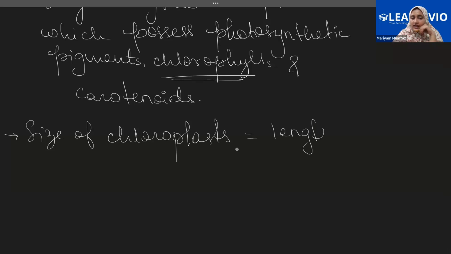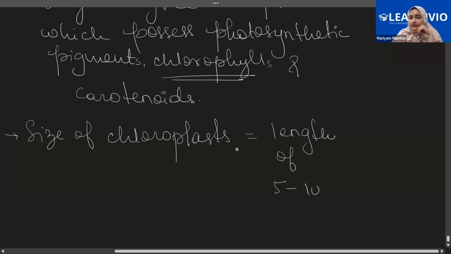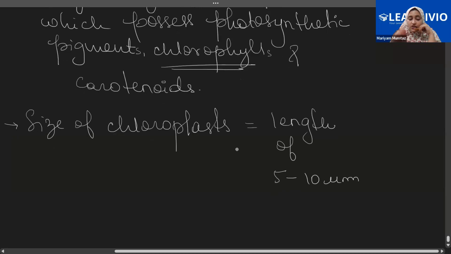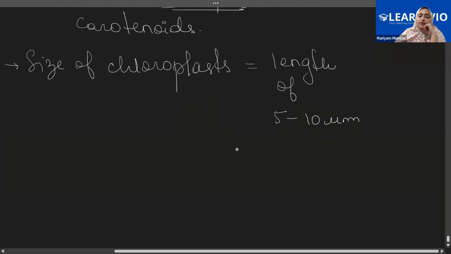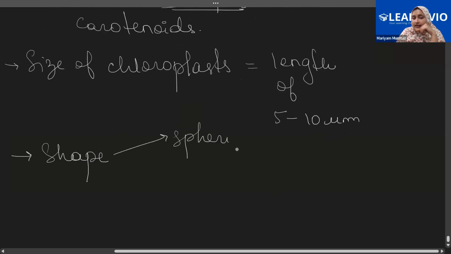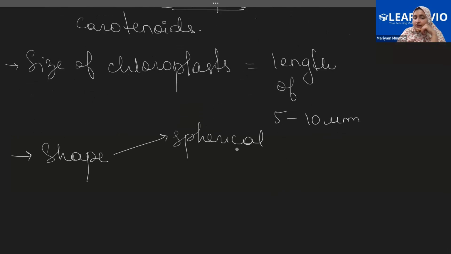Okay, now in terms of the size of the chloroplast, they have a length of about 5 to 10 micrometers. Now talking about the shape, the shape also is so variable. The shape of chloroplast is so variable that you will find them spherical. There are spherical chloroplasts also.